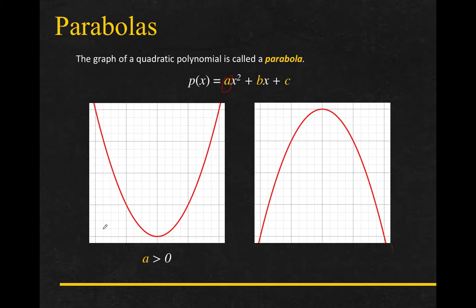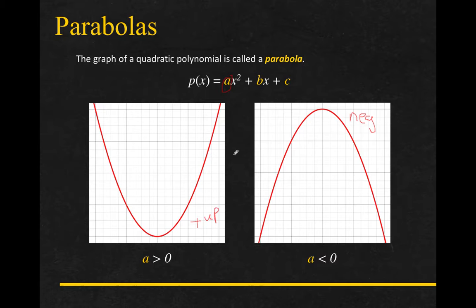This is what I always say to my students. If a is negative, it opens down. Negative starts with an N, so it opens the same shape as the N. Positive, you're happy and you open up.